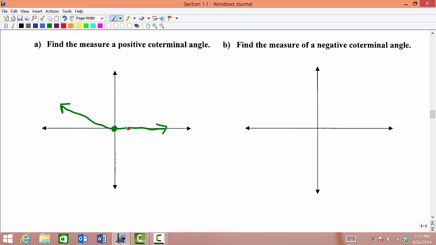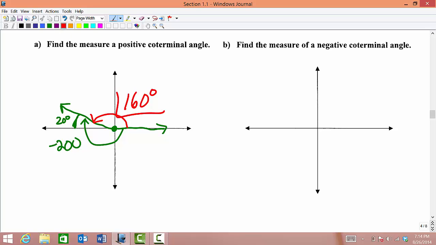So we want to start at the initial side and go in the positive direction this time, and we will stop there at the same terminal side. That is 160 degrees. Of course, if this is negative 200 degrees, there's a 20 degree difference here. So when we did that positive rotation, we stopped just 20 degrees short of half a rotation.